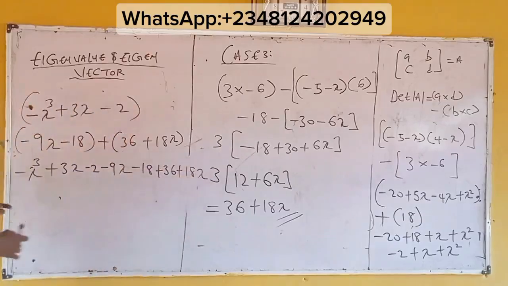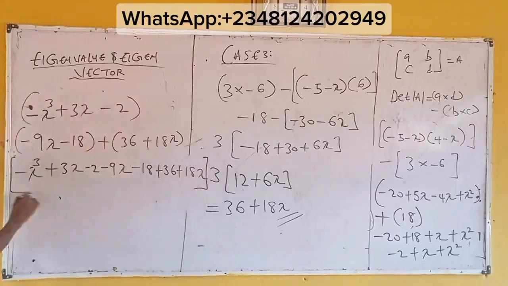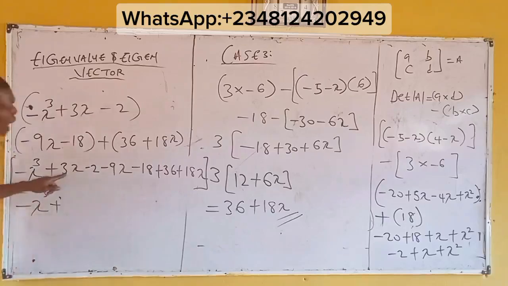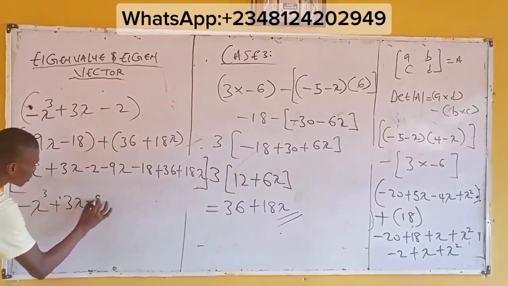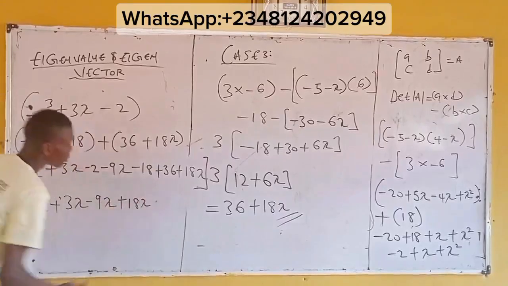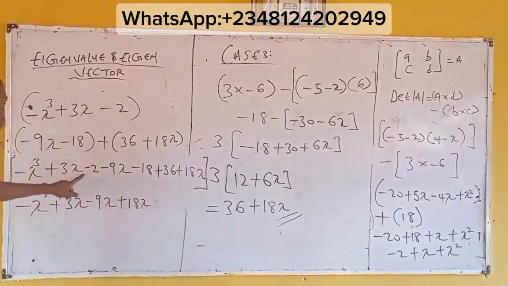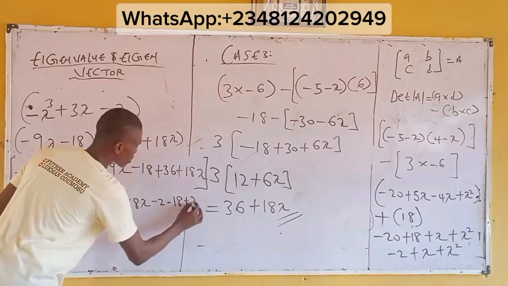Now let's group this together. All the ones for lambda, bring them together. All the ones for constant value, bring them together. Right? Now from here, we then have negative lambda cube plus 3 lambda minus 3 lambda minus 9 lambda plus 18 lambda, right? Minus 2 minus 18 plus 36.